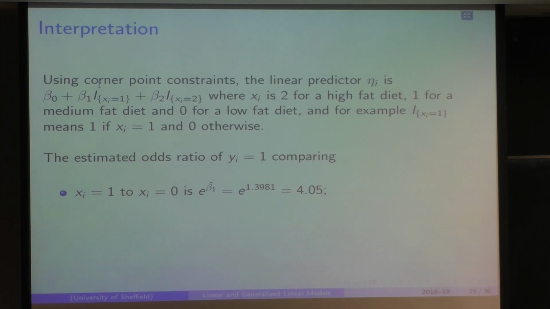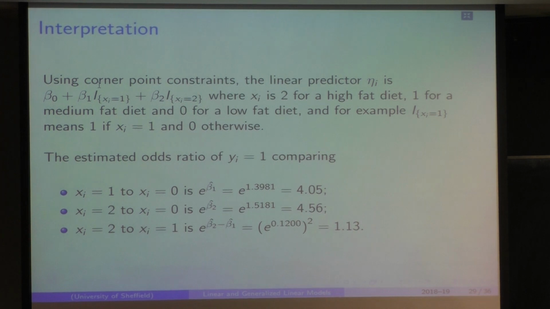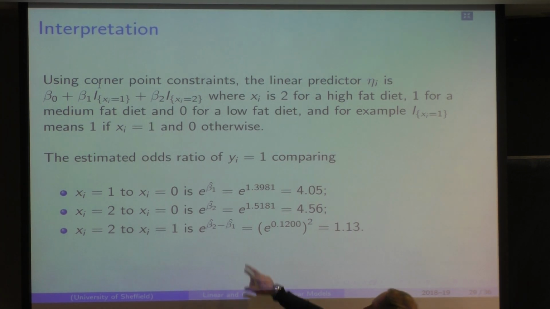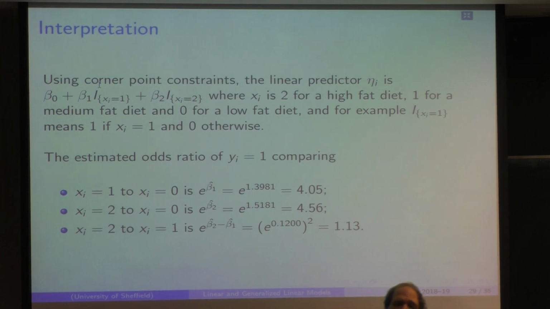Now we can do the same thing for the other combinations of difference between the diets. So if we're comparing a high fat diet to a low fat diet, we're going to get e to the beta 2 hat, where beta 2 is the estimated coefficient for a high fat diet. If we want to compare a high fat diet to a medium fat diet, then for a high fat diet, the linear predictor will include beta 2.